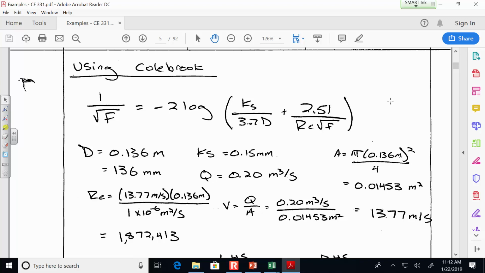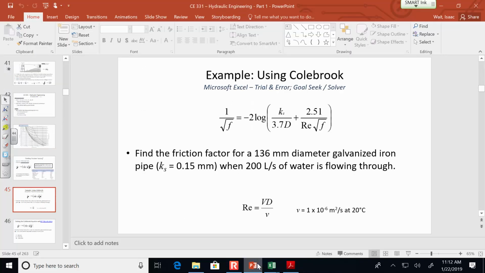The guess that we'll start with is, what if f is 0.02? Then we're going to check what the left-hand side and the right-hand side of the equation are. For the left-hand side, what we want is 1 divided by the square root of f, 0.02.